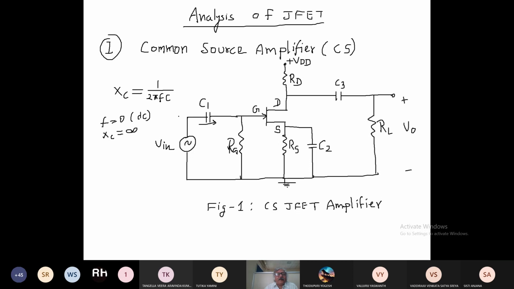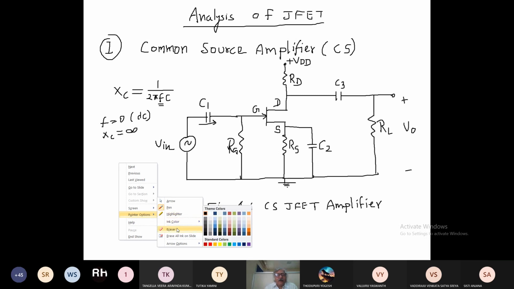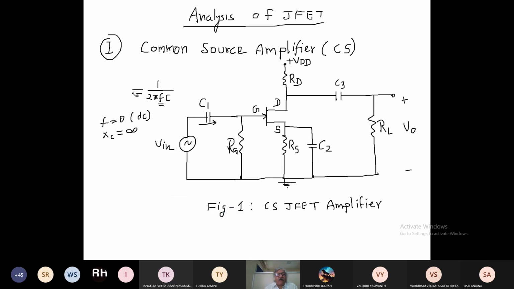This means for DC it is an open circuit, and for high frequency it has a low resistance, right? So whenever you are making an AC equivalent circuit, whatever capacitors you are seeing, make those capacitors short circuit.